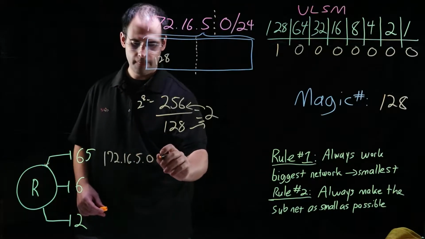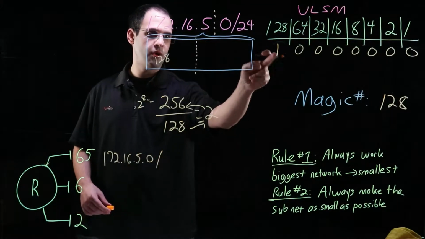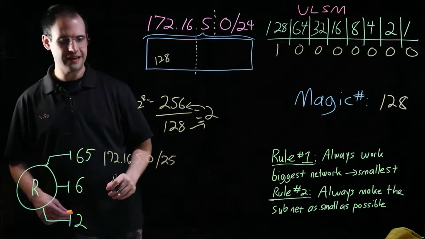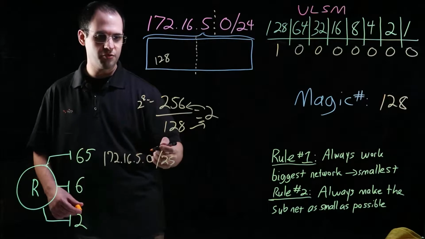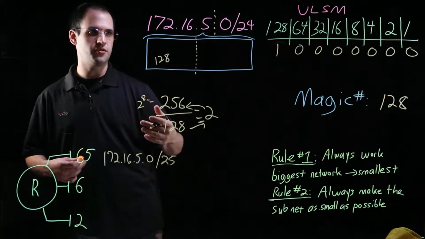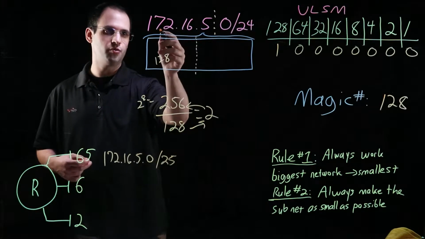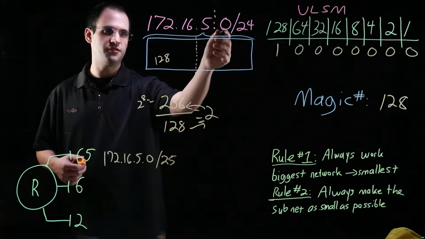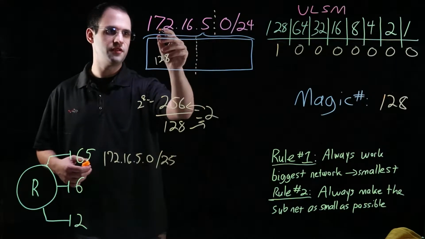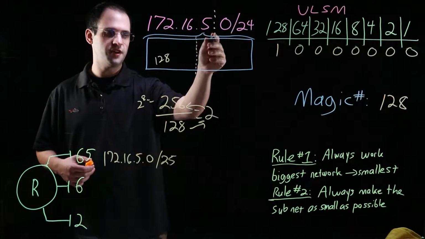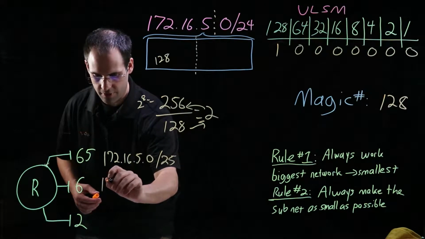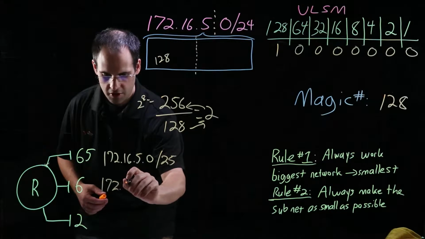Then I borrowed 1 bit, so it's a /25. And remember, magic number gives me my different ranges. So my first network is 172.16.5.0 right here, and then my next network over here is 172.16.5.128.